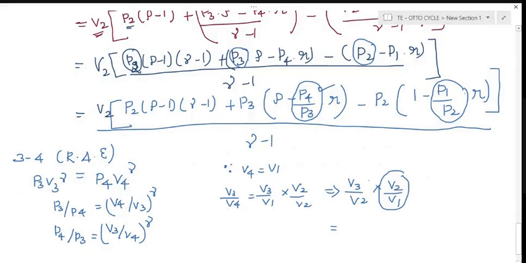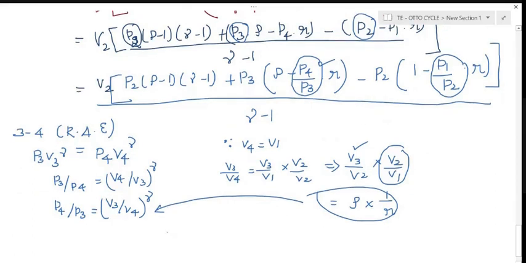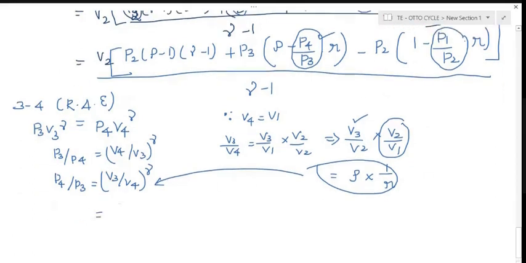So instead of V3 by V2, substitute rho, and V2 by V1 is 1 divided by R. Substitute this relation instead of V3 by V4: rho into R power.